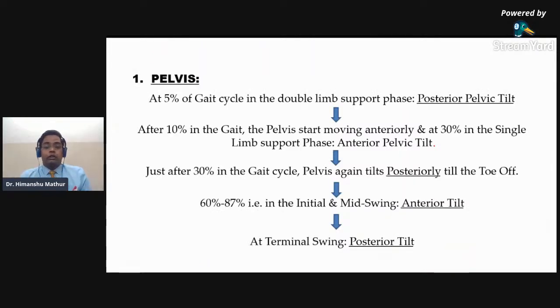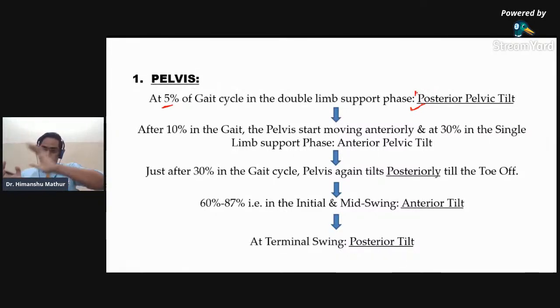Now, talking about the first segment of the lower limb, from where we are doing sagittal plane analysis, always remember at the 5% of the gait cycle, that is heel strike, at heel strike there is double limb support phase, so there will always be a posterior pelvic tilt. Okay, remember at 5%, that is at heel strike, there will always be a posterior pelvic tilt.